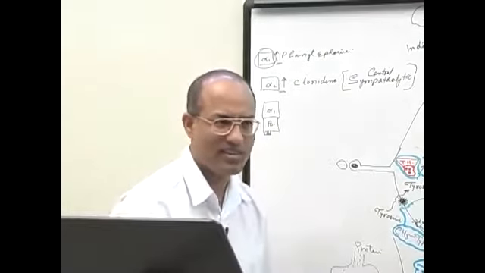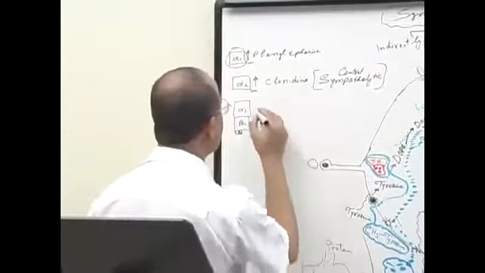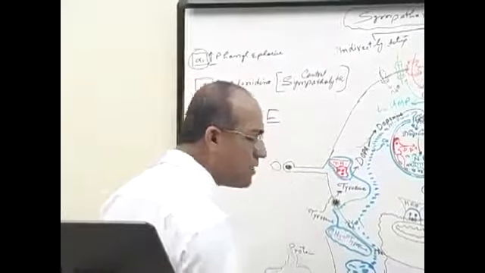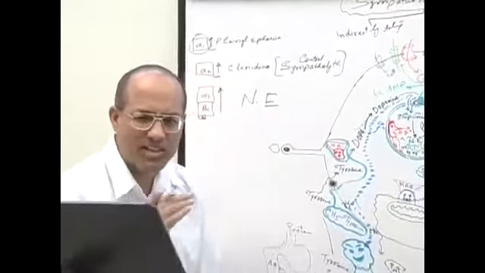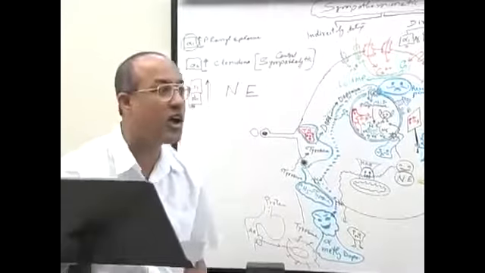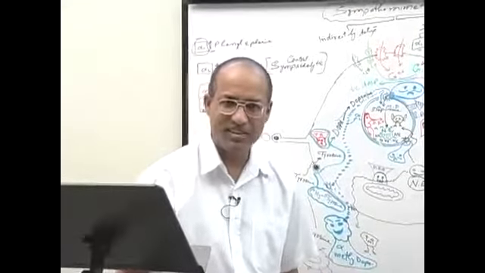What is the drug? Please tell me. Norepinephrine, which we have been studying for the last 2 hours. The very speciality of norepinephrine is that it stimulates alpha-1 and beta-1, but does not stimulate beta-2 significantly.